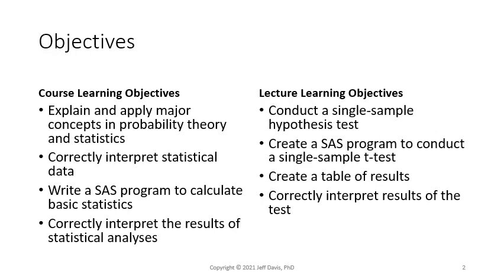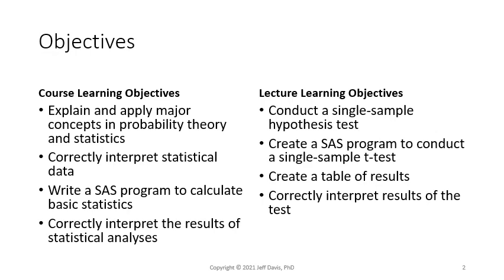Conduct a single sample hypothesis test, and we're going to do that using the Proc t-test procedure in SAS. All right, and then from that, I want you to do two things. I want you to be able to create a table of results, and then also correctly interpret the results of the test.